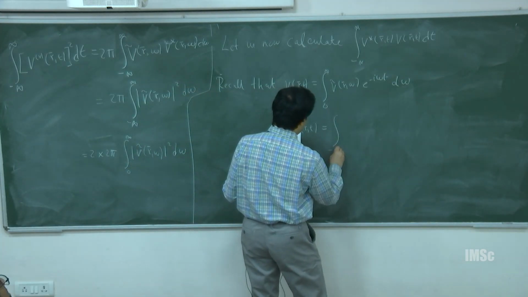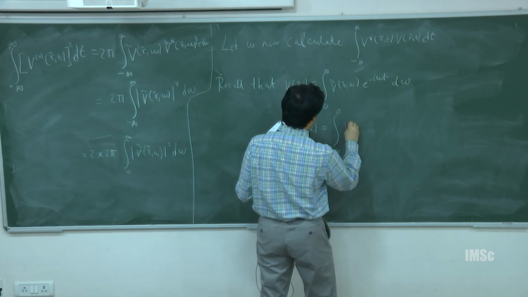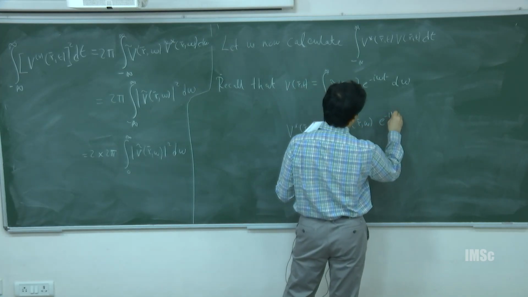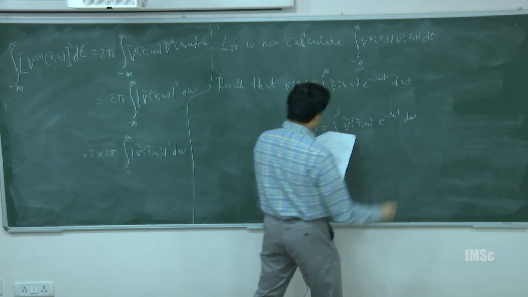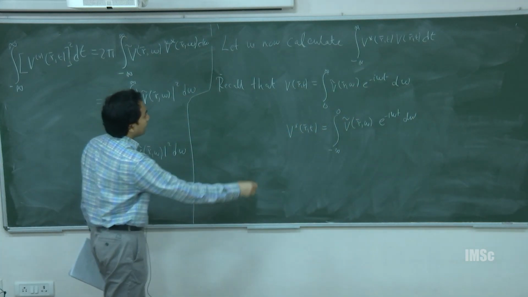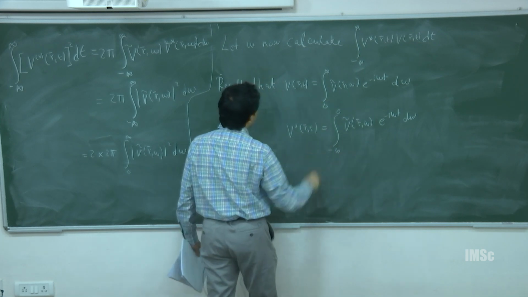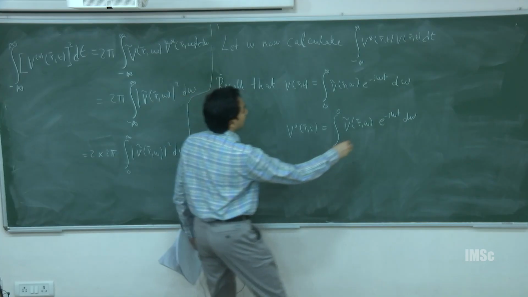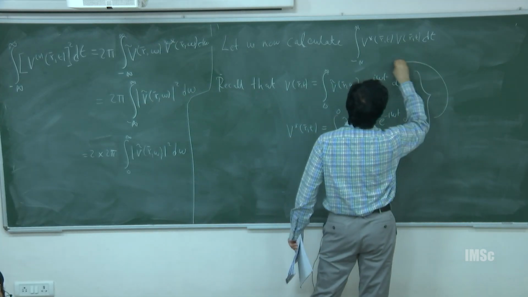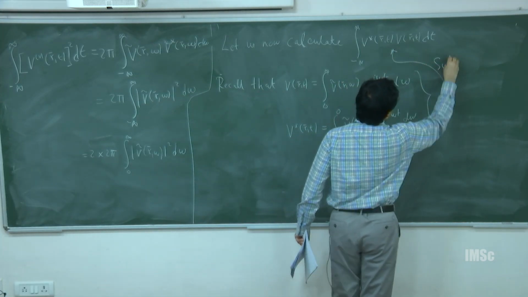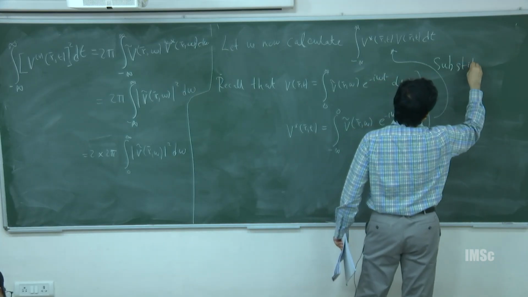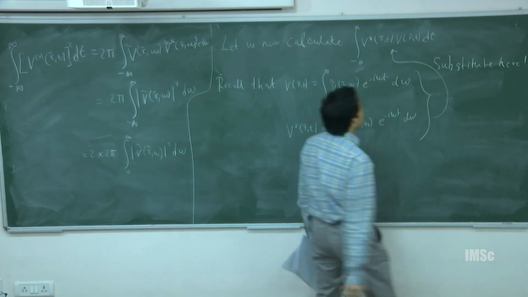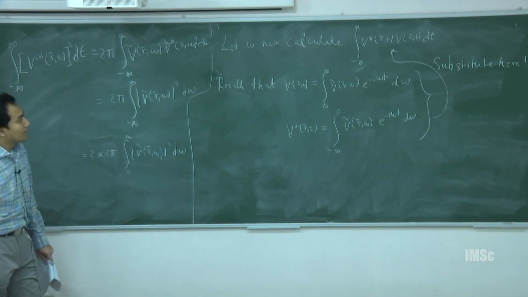Good. So we are simply going to substitute for V and V conjugate in terms of their Fourier transforms. That's what we're going to do.